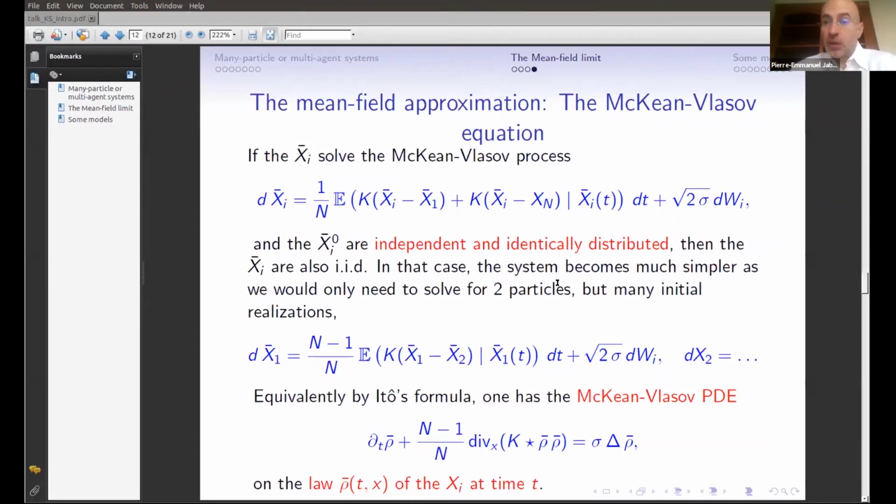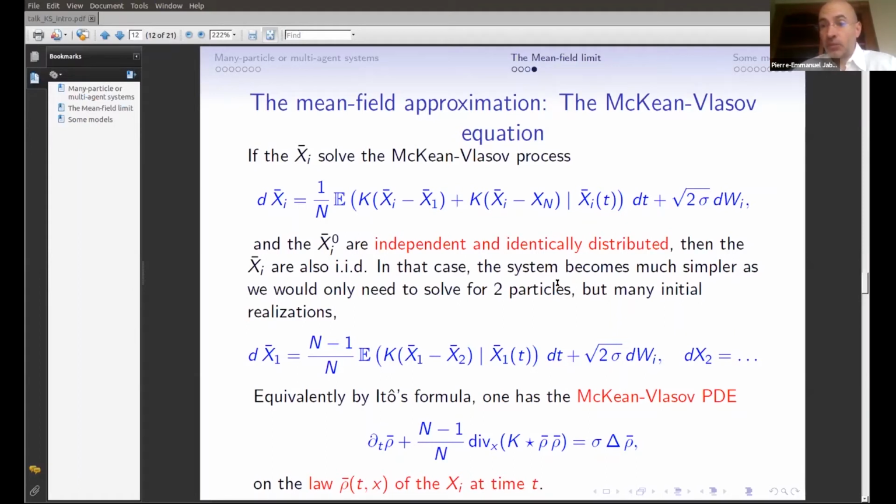But now, if I take the same initial data for the x_i bar at 0 as I took for the x_i at 0, then they are IID or close to being IID. And it turns out that this McKean-Vlasov system propagates independence. So they remain IID. Therefore, instead of solving for n particles, now I just have to solve for 2. And I get the second equation below for x bar 1, and then I would get the symmetric equation for x bar 2.